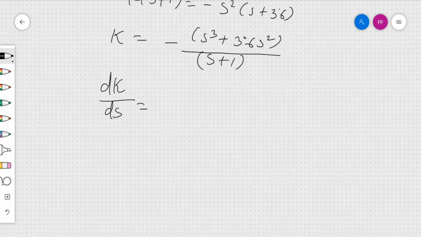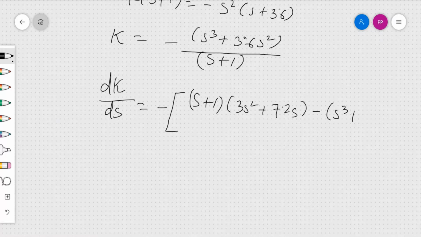so we can keep the minus outside because anyway this is going to become equal to 0. So the minus you keep outside, so (s plus 1) into the derivative of this, which is 3s square plus 7.2s, then minus (s cube plus 3.6 s square) into the derivative of s plus 1, which is 1, divided by (s plus 1) whole square.